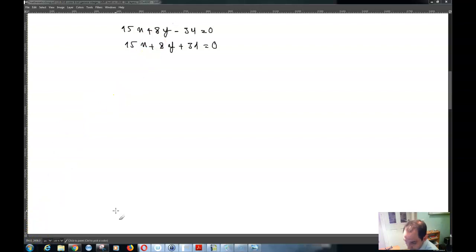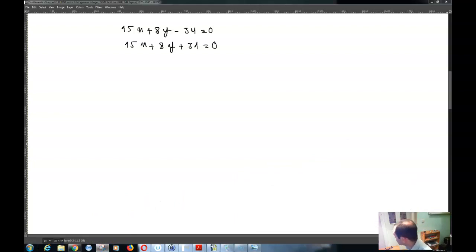Okay, so now in order to find the distance between these 2 lines, we had a formula which was this thing over here.